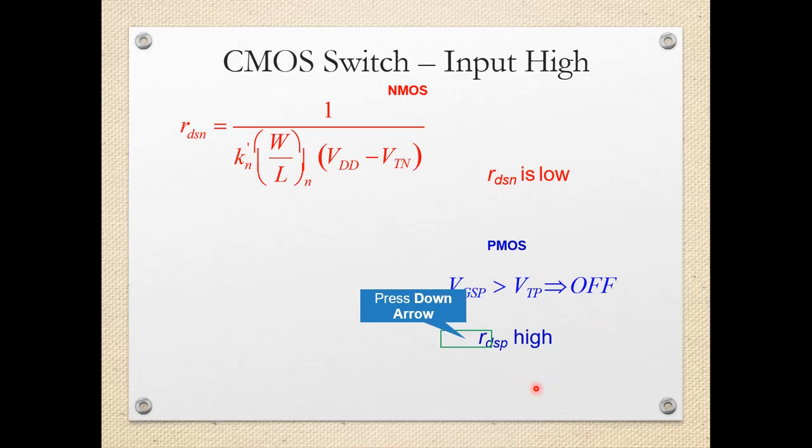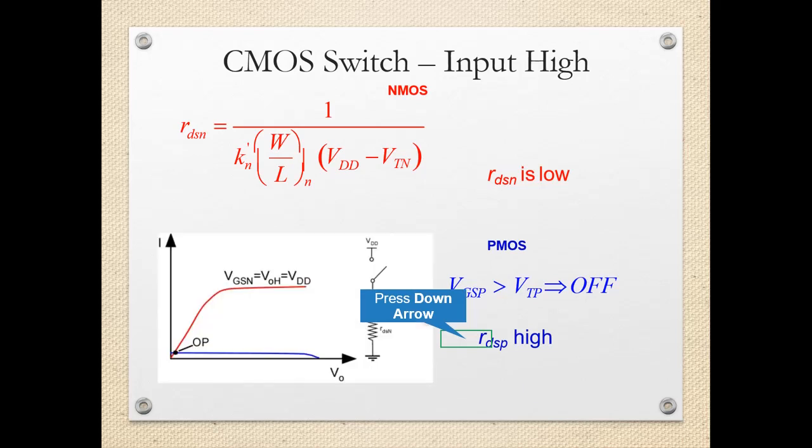Now we'll see the second condition, that is input is high. We'll see the equivalent circuit. As the input is high, NMOS, that is the downward device, will be on and PMOS will be off. So PMOS is replaced with the open switch.